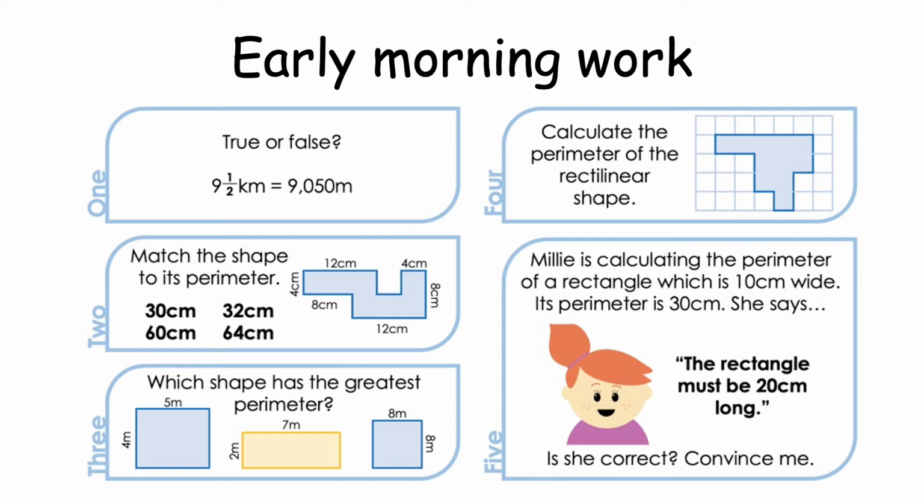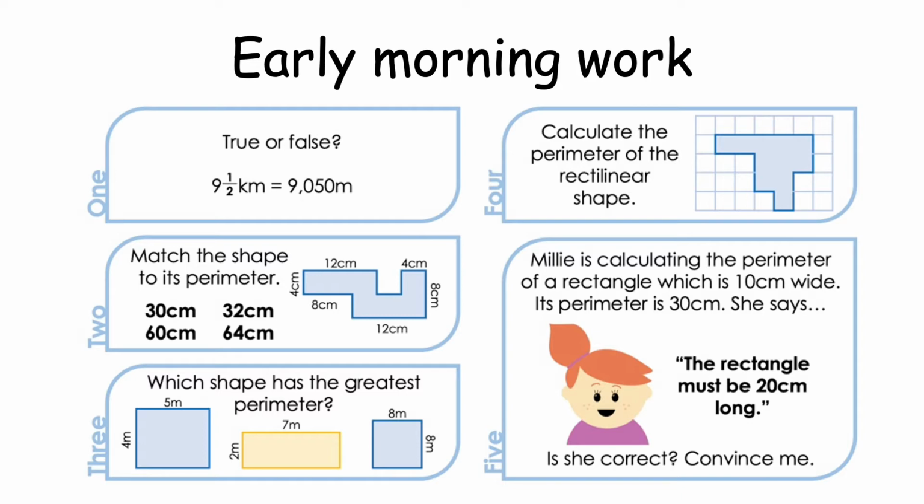Then at the sides you've got one full side at 8 centimeters and the other side is one missing part and the other one is 4. So what's the difference? And then which one is the correct perimeter? 30 centimeters, 32 centimeters, 60 centimeters, or 64 centimeters?